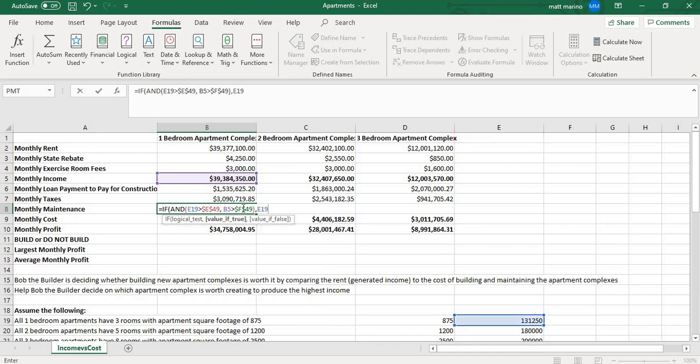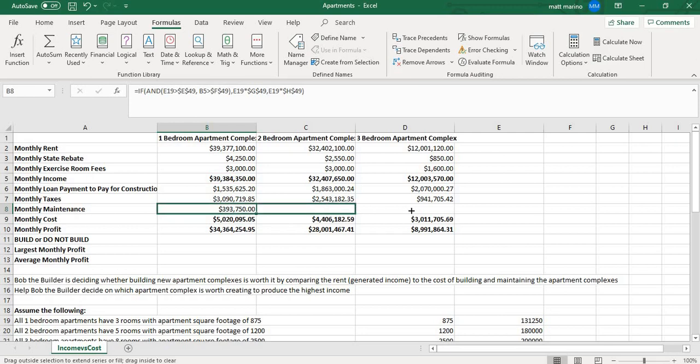If it's true, we multiply E19 by G49, which is our $3 cell reference. If it's false, we multiply E19 by H49 absolute cell reference, which is our $3.25. We then close out our IF function.